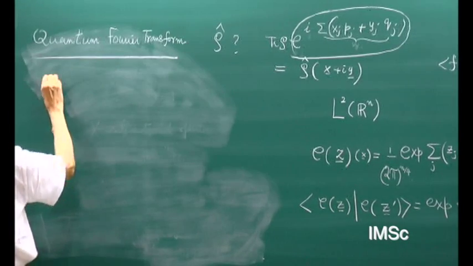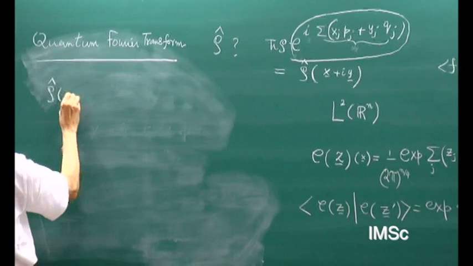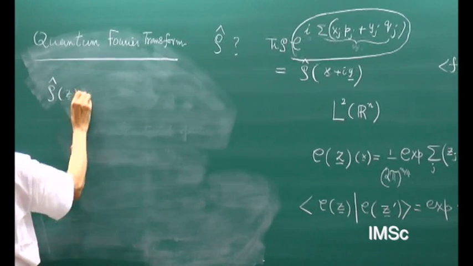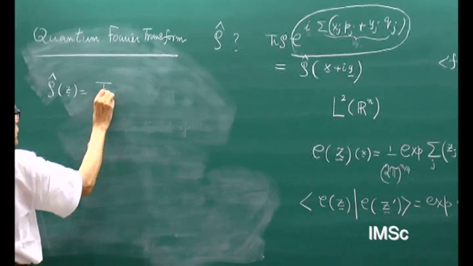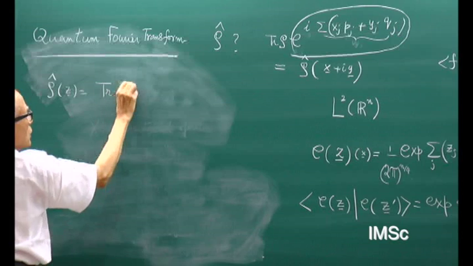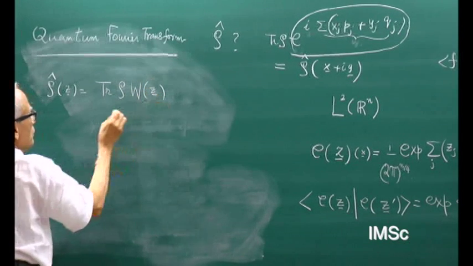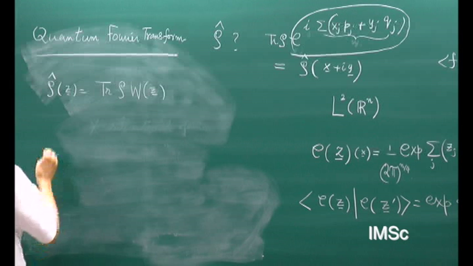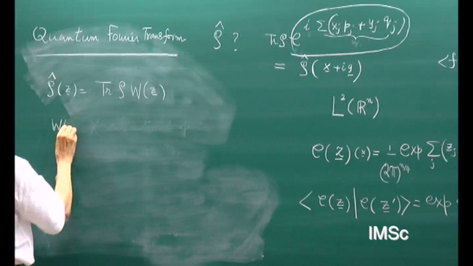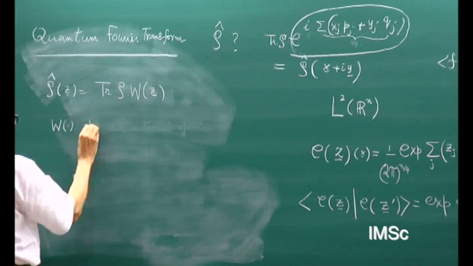Rho hat of z equal to trace of rho multiplied by W(z), where W is the Weyl operator.